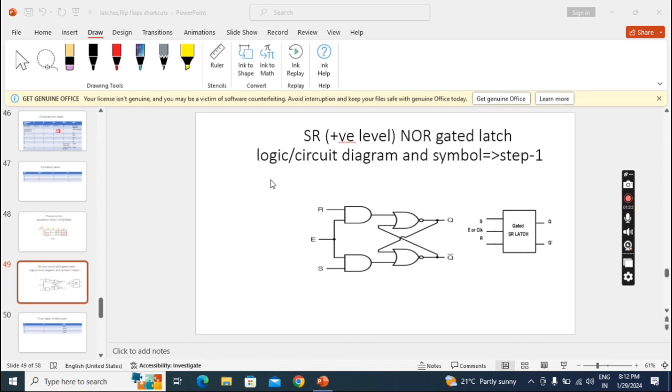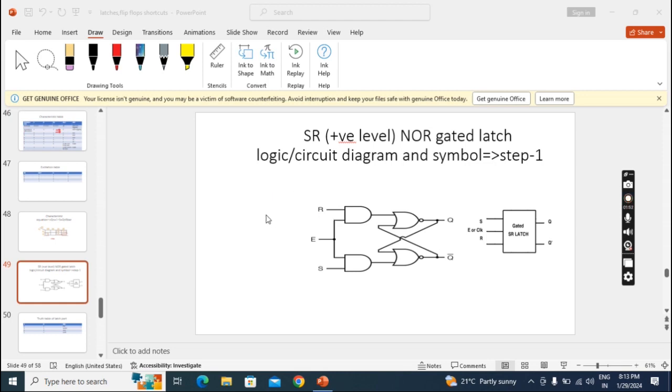Whether it is a gated NAND or gated NOR, it is a gated latch only. A gated latch should behave the same, even if we change the latch part. Changing the latch part is a different way of construction, but ultimately the functionality of the gated latch should be the same. To make the behavior the same, we change the gates in the construction.